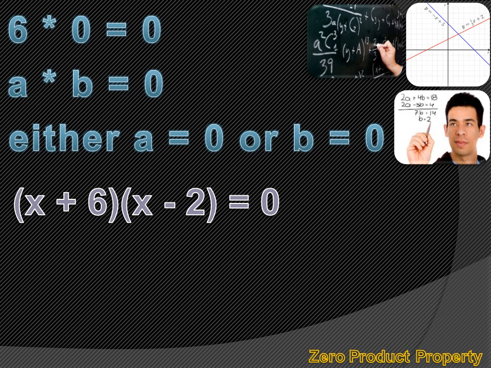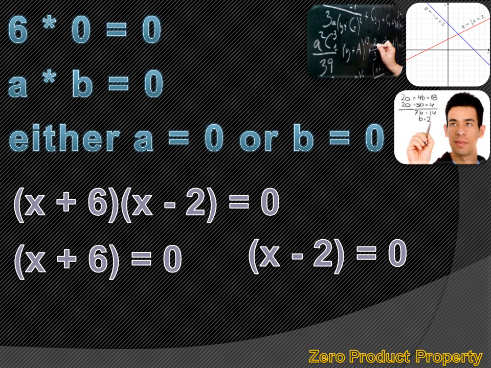Here's an example. Let's say I had x plus 6 times x minus 2 equals 0, and I was asked to solve that for x. I know that x plus 6 equals 0, or x minus 2 equals 0. Now I could solve each of those for x. The first one is x plus 6 equals 0.